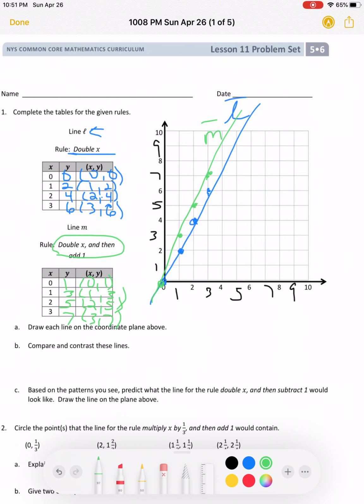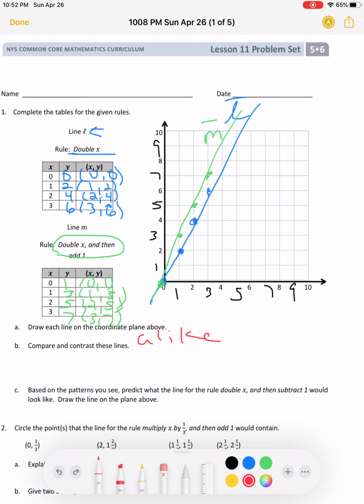All right, so let's go down to the questions they have here for us. It says draw a line on the coordinate plane above. That's what we've done. Draw each line. Compare and contrast these lines. So we know that compare and contrast means things that are alike and things that are different. All right, so let's compare and contrast. What's different? What's alike about these two lines?